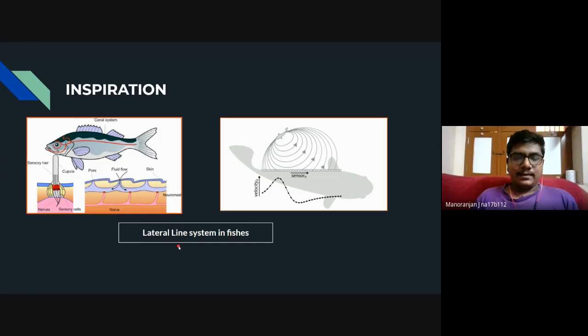So what does the lateral line system usually mean? The red line that you see in this picture is actually a feature in fishes by which they can sense their surroundings without having the need to see. So it's interesting, right? They don't have to see and still they can get a sense of their surroundings.